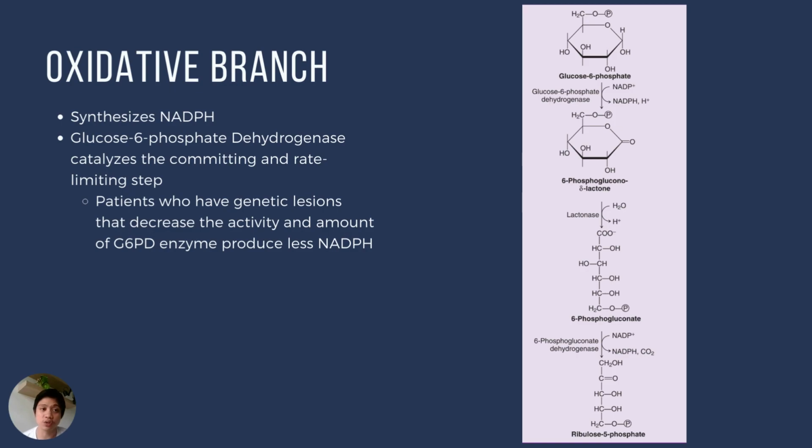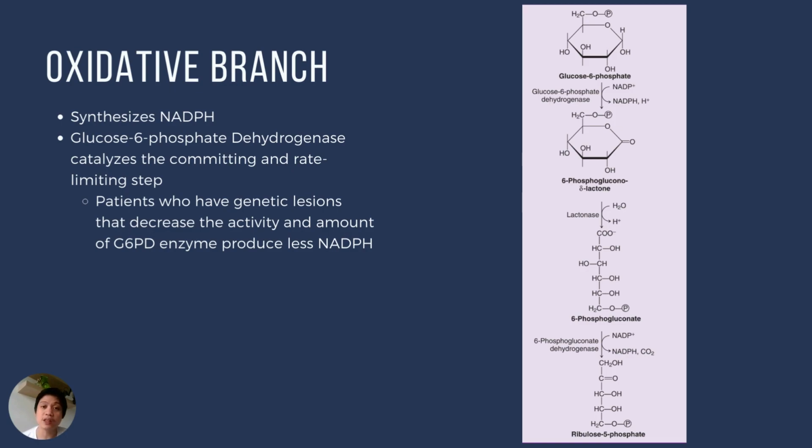This oxidation of glucose 6-phosphate is the committing and rate-limiting step of the pentose phosphate pathway. That means when glucose 6-phosphate is already oxidized, the product will not be able to go into other pathways but to the pentose phosphate pathway only.